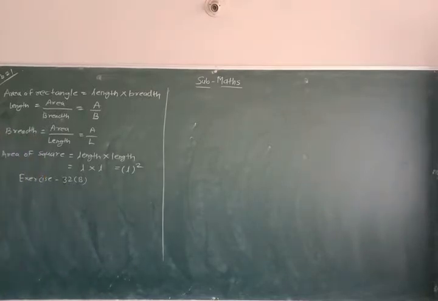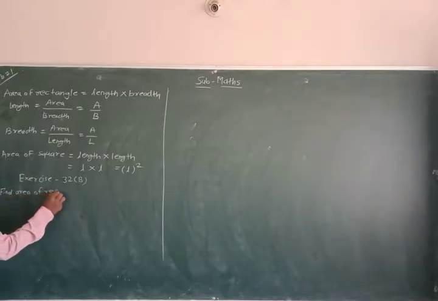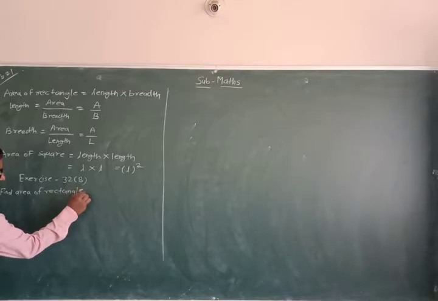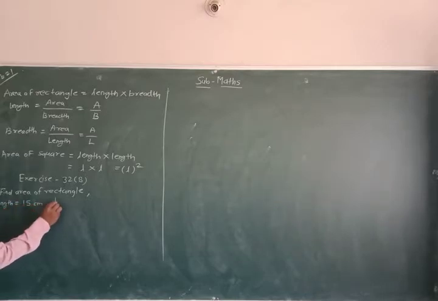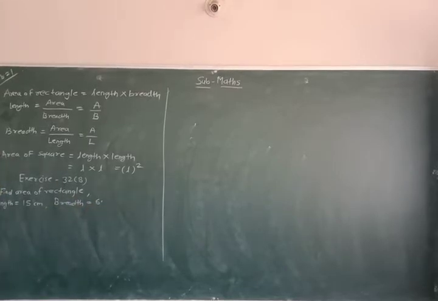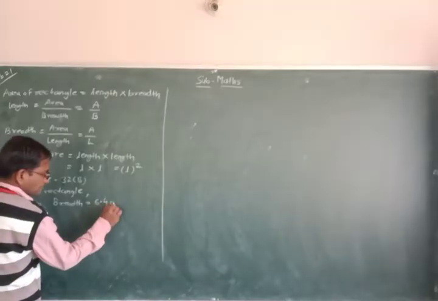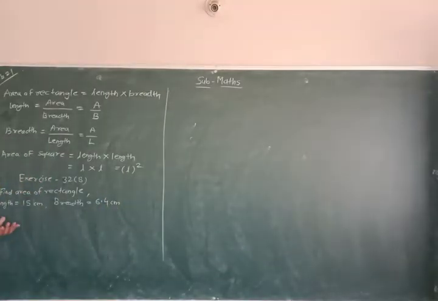In our first example, find the area of a rectangle whose length is equal to 15 centimeter and breadth is equal to 6.4 centimeter. This is the given value. Length and breadth are given. Then find the area of rectangle.